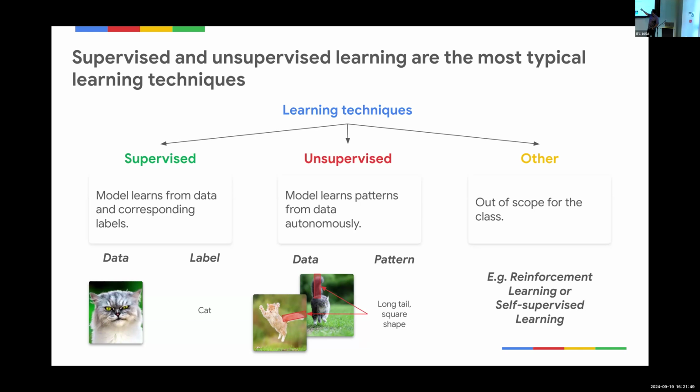The other way is unsupervised, where the model learns patterns autonomously. You are not specifying a label for it. That's the key difference, supervised versus unsupervised. There are other approaches, like human reinforcement, where you reward it based on whether it's making the right call or not.